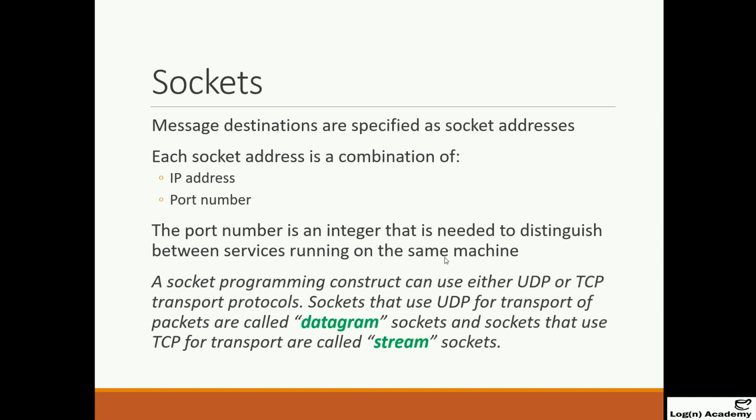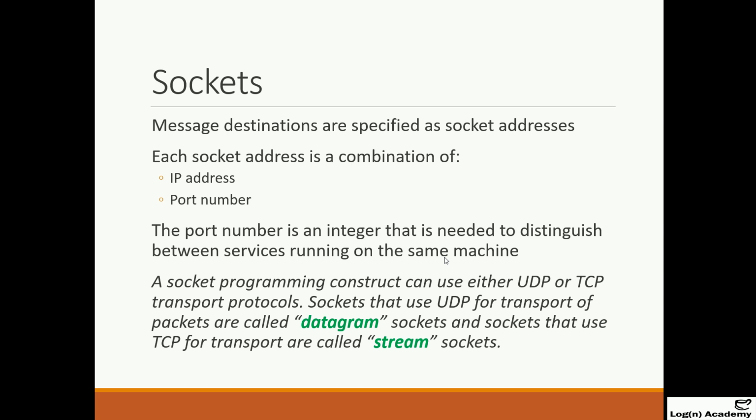A socket programming construct can use either UDP or TCP transport protocols. Sockets that use UDP for transport of packets are called datagram sockets, and sockets that use TCP for transport are called stream sockets. So we will discuss UDP and TCP.